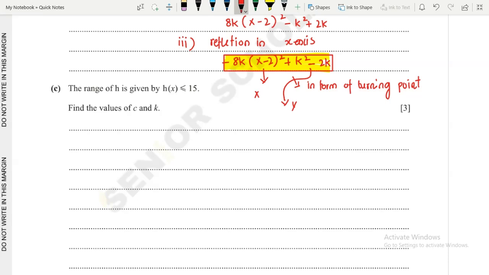So the turning point will be 2, because it is opposite of what is in the bracket, and k square minus 2k.